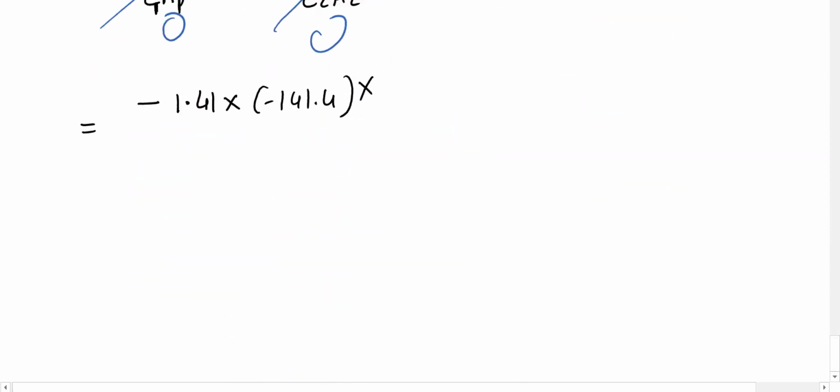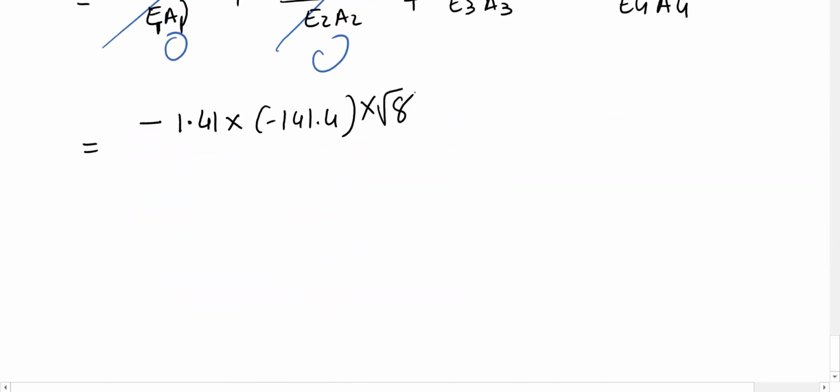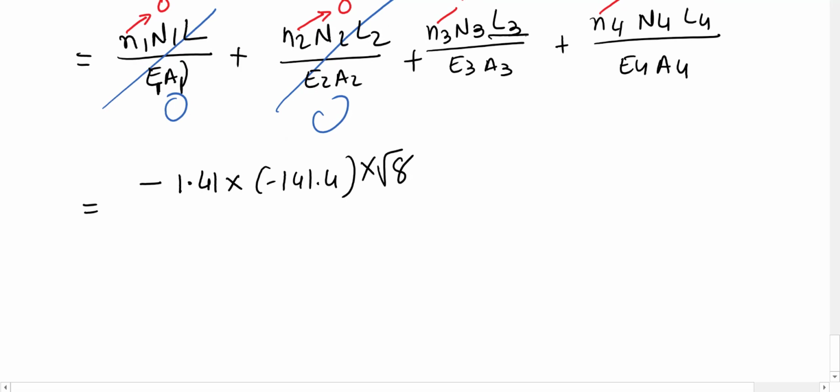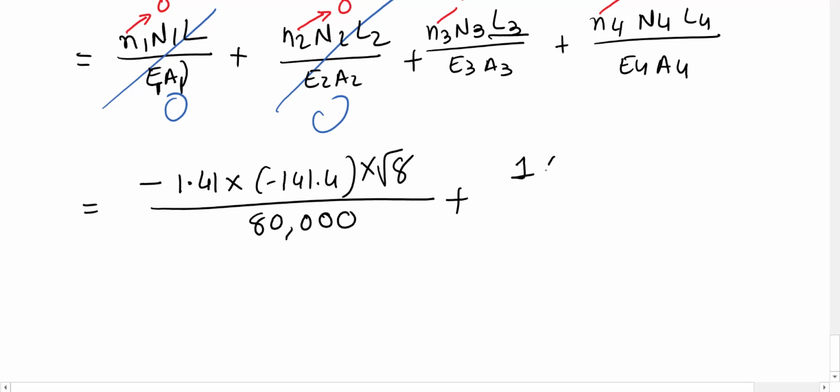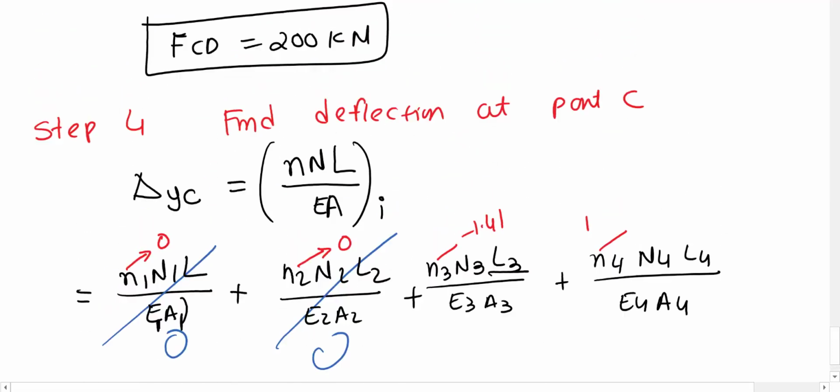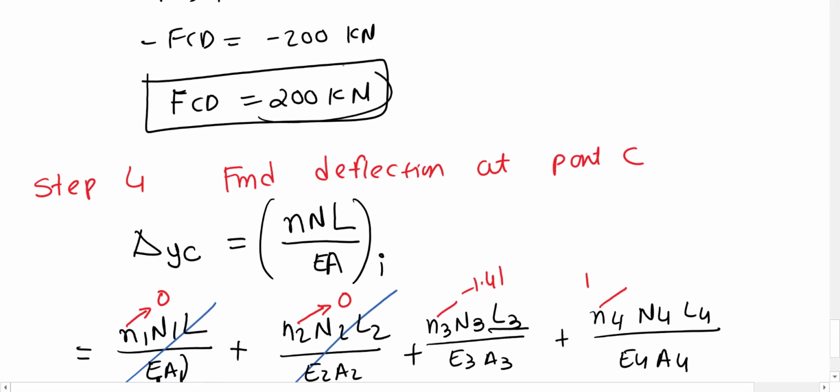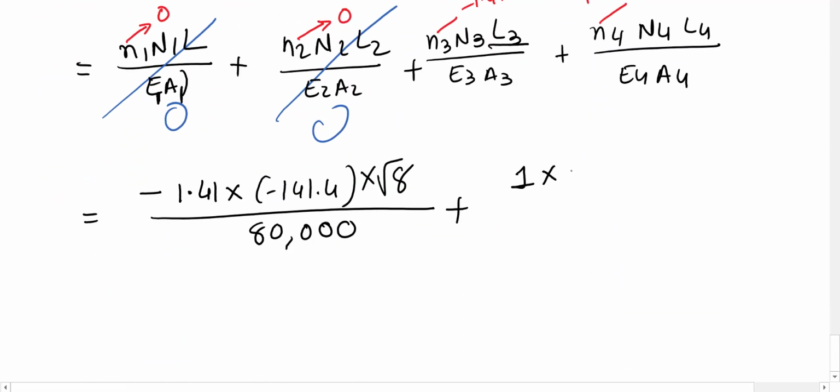So we substitute L3 is square root 8, and E A is given as 80,000 in the example, plus n4. n4 is the last one, which is 1 small n. Capital N4 is the CD, which is 200. L4 equal to 2 meters over 80,000.